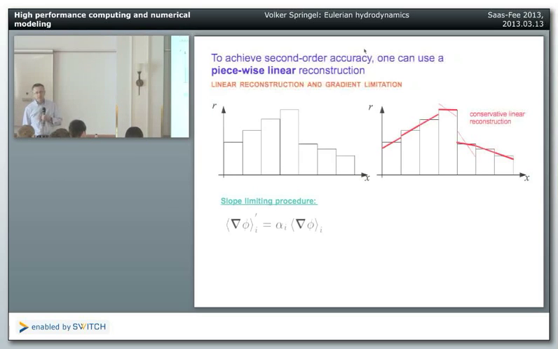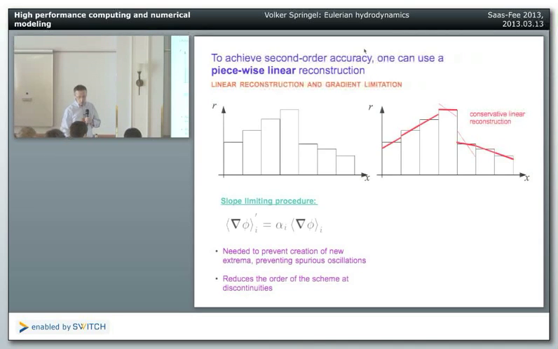Normally you would like to maintain this estimate of the slope, but sometimes when a situation like this is detected, you would like to make this gradient shallower, so then this alpha will go down close to 0, or maybe even all the way to 0. This is called the slope limiting. And this is needed to prevent the creation of new extrema, which then creates spurious oscillations.